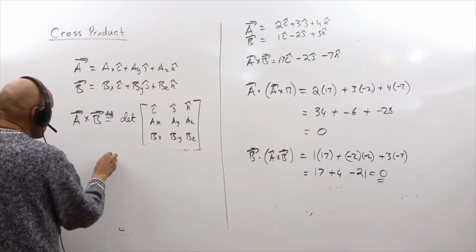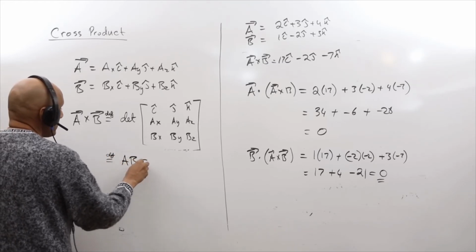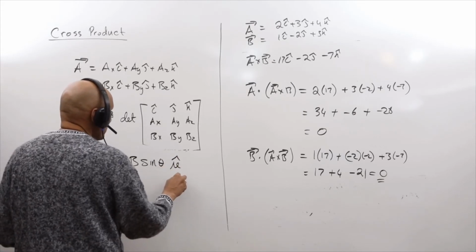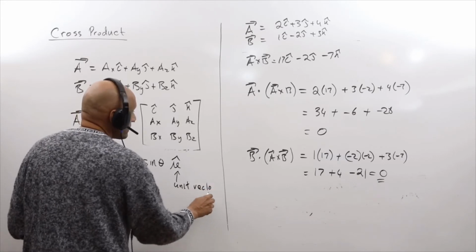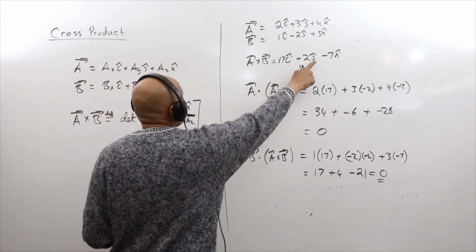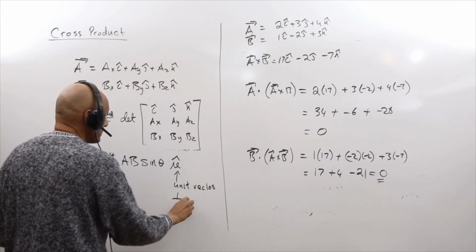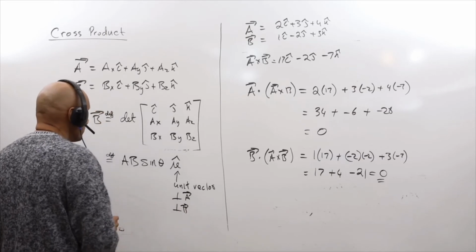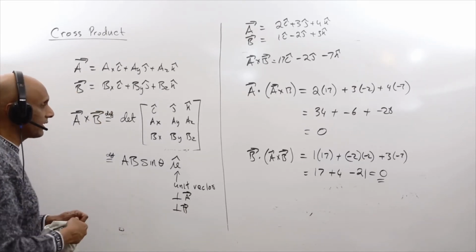I'm going to say that this is also equal to another definition: the magnitude of A times B times sine of theta times the u vector, which is a unit vector. Whenever we use a hat, like i hat, j hat, k hat, these are unit vectors. This unit vector is perpendicular to A and to B, so it's perpendicular to the plane containing the A and B vectors.